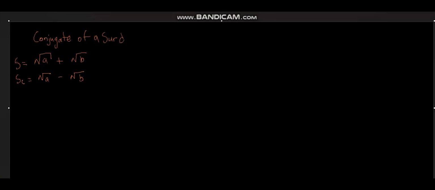Let's look at an example of rationalizing the denominator of a surd using the conjugate.